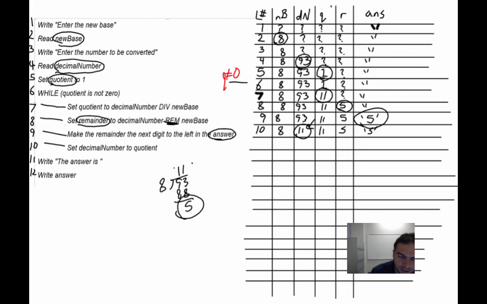The next line that we execute is going to be 6 again, and 6 checks whether quotient is 0. Since 11 does not equal 0, we're going to continue. Line 7 sets quotient to decimal number, which is 11, divided by 8, which is a 1, with 3 left.